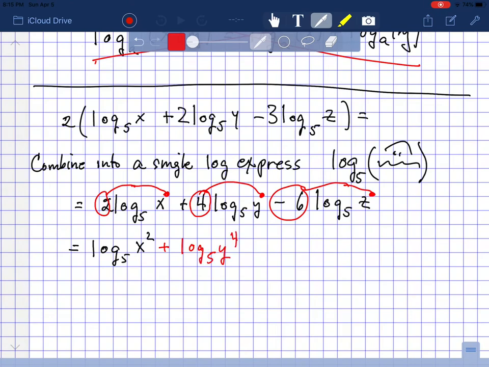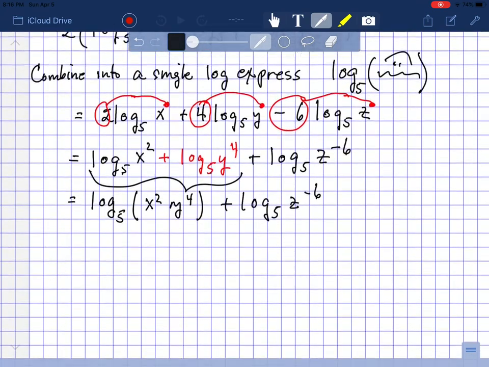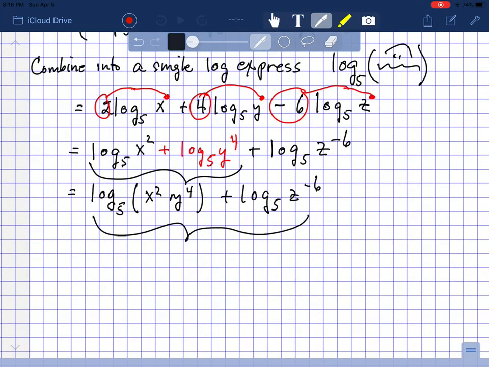So this is going to be plus the log base 5 of y to the 4th, plus the log base 5 of z to the minus 6 power. Okay, so we have the log base 5. Now what I can do is combine these. See, it's the log base 5 plus the log base 5. If I add those together, that's the same as taking the log base 5 of x squared times y to the 4th times z to the minus 6.